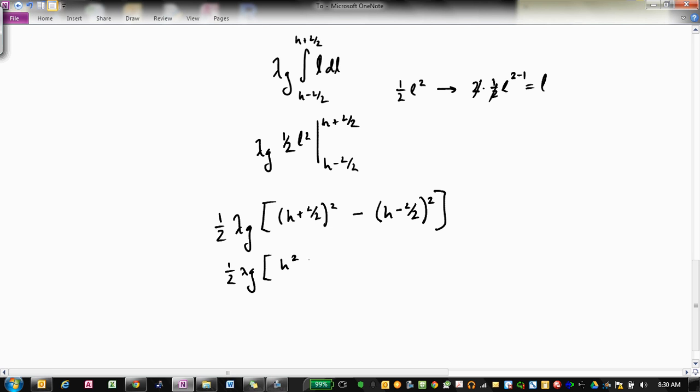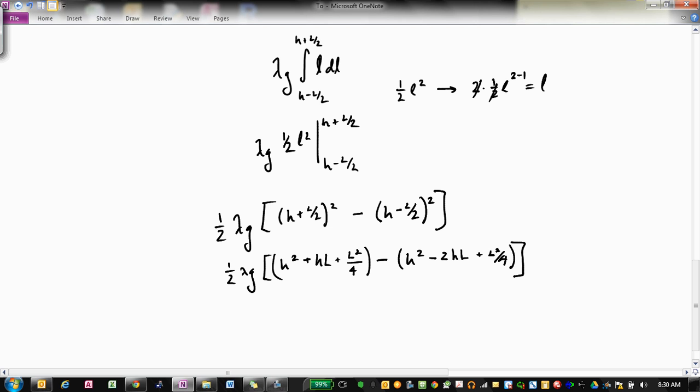So h squared outside inside plus h times L plus L squared over 4 minus h squared outside inside minus 2hL plus L squared over 4.